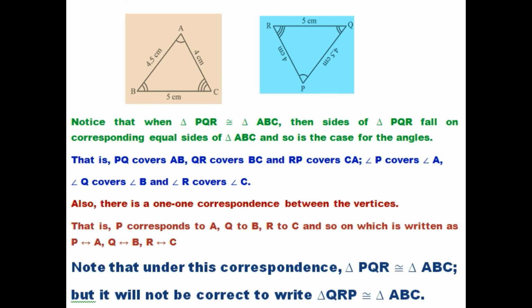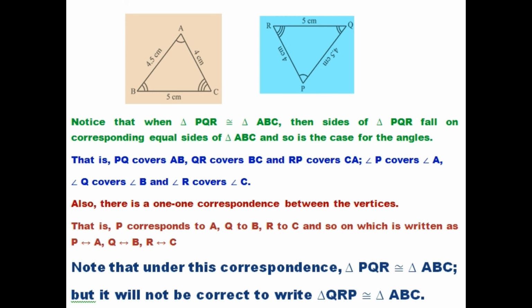In the same way, angle P covers angle A, angle Q covers angle B, and angle R covers angle C. Also, there is a one-to-one correspondence between the vertices. That is, P corresponds to A, Q corresponds to B, R corresponds to C, which is written as P to A, Q to B, and R to C.